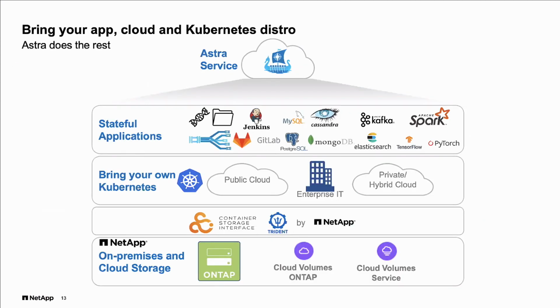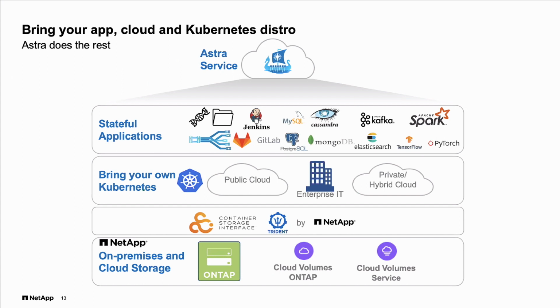So this is the classic layer cake, to understand where Astra fits in. We're basically asking our customers, bring your app, bring your cloud, and bring your Kubernetes distro. And Astra with Trident and NetApp storage portfolio will do the rest. So we are not competing with any Kubernetes distro out there.